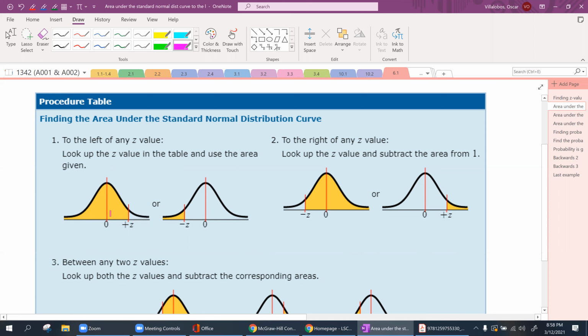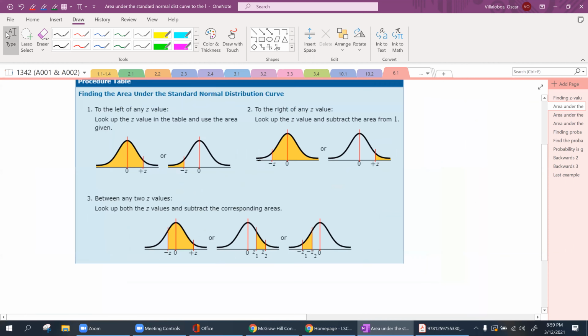If you're asked to find everything to the right of a certain point, you're going to do 1 minus whatever that intersection value was for, let's just say, negative 2.50. Because if you just gave that value, you're saying the value I found is everything to the left of it, but that's not what I'm looking for.